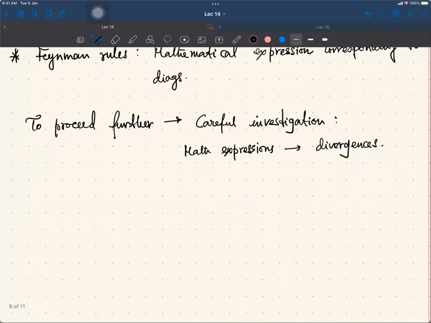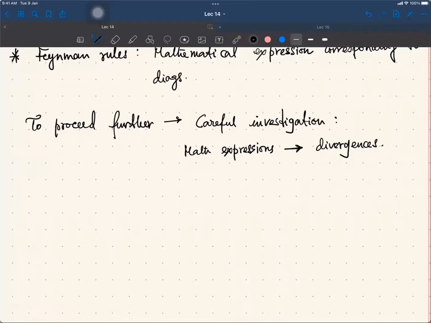And our next effort in this course will be to understand what these divergences mean and how to tackle them, and how we could make sense out of this theory which has such divergences. And the first step will be to classify such divergences. First, see how divergences appear, and then classify this.